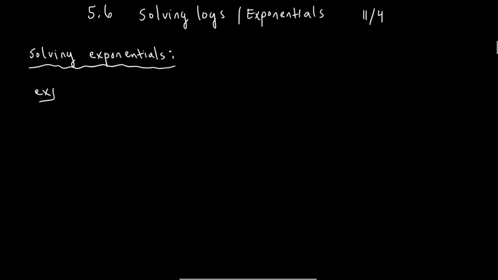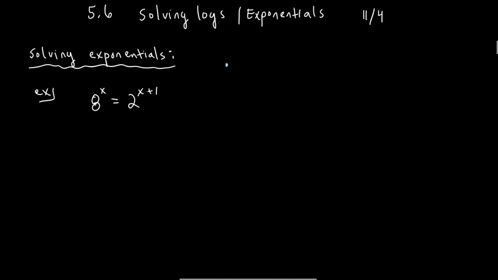I want to solve this equation 8 raised to the x equals 2 raised to the x plus 1. Okay. And so here's the technique with something like this. This is the trick. This is the skill.